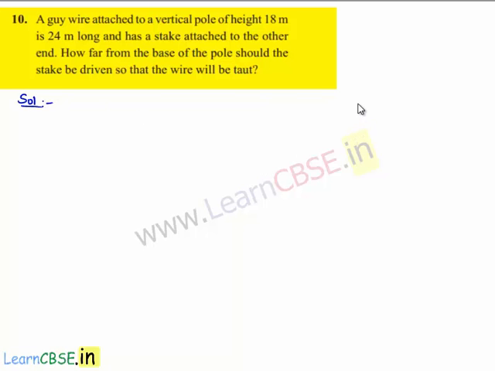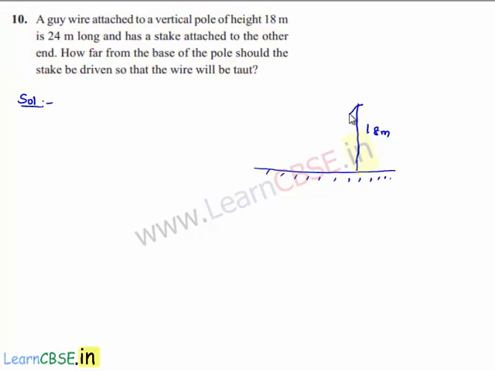He says that there is a vertical pole of height 18 meters from the ground and a wire of length 24 meters is attached, to which a stake is attached at the other end on the ground.